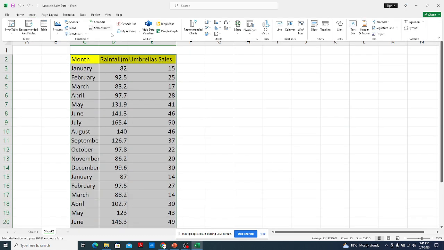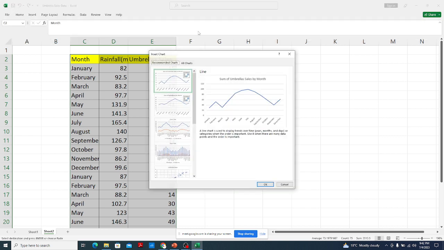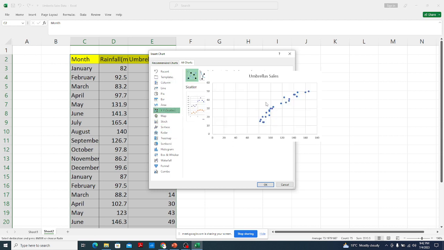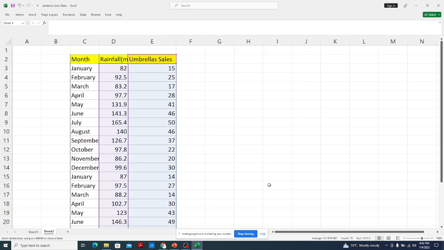I want a scatter plot. Here it is, this is our scatter plot.